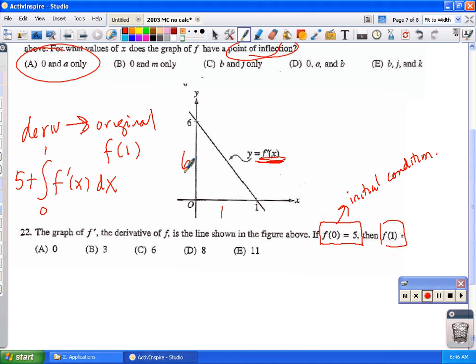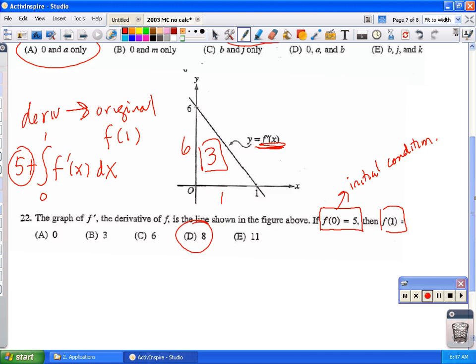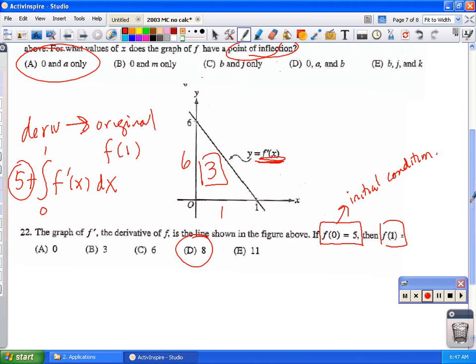So 6 times 1 is 6, and half of 6 is 3. The area in this region right here is 3. So the antiderivative from 0 to 1 of the derivative is 3, plus the 5, the initial condition, gives me 8. Again, it's decoding the problem and trying to figure out what do they really want me to figure out? What are they really asking me to do? So just take a minute to study this problem and make sure you understand it.